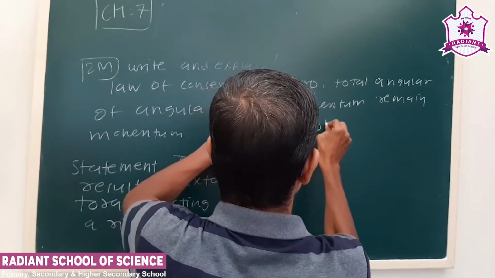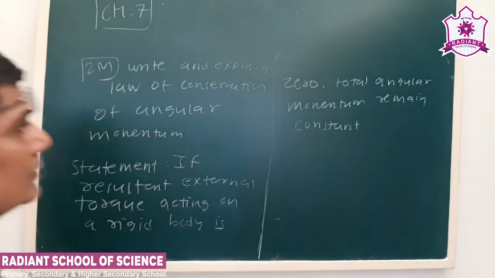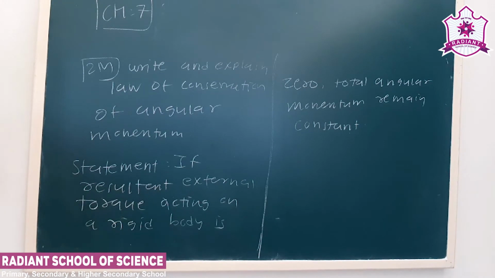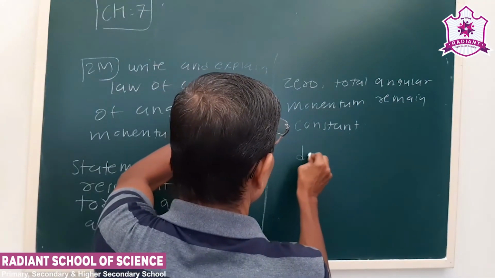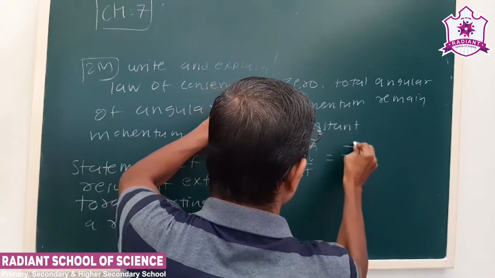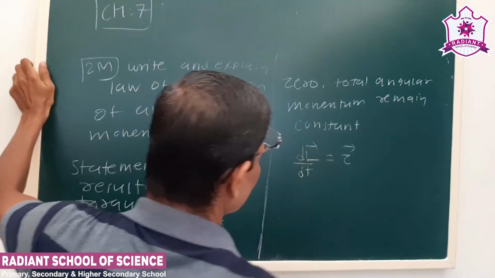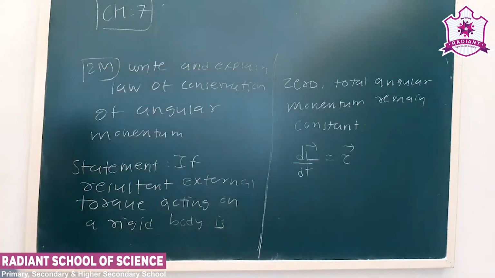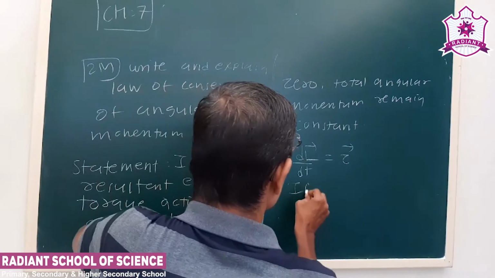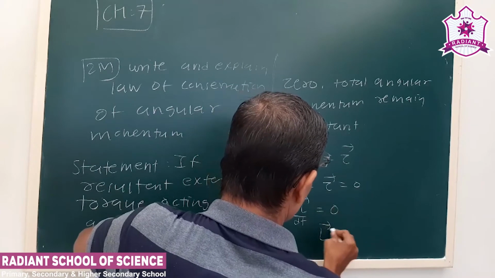If the resultant external torque acting on a rigid body is 0, its total angular momentum remains constant. Now see, what is our relation? We proved dL by dt is torque, that is, the time rate of change of angular momentum. Here we write capital L for a generalized formula. Tau is the resultant external torque. Now if torque is 0, dL by dt is 0, then L is equal to constant.